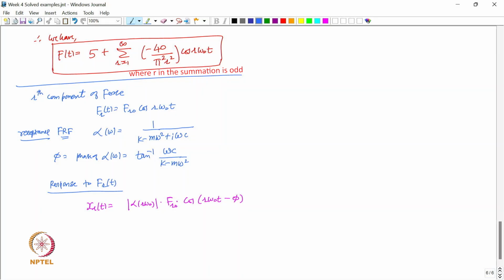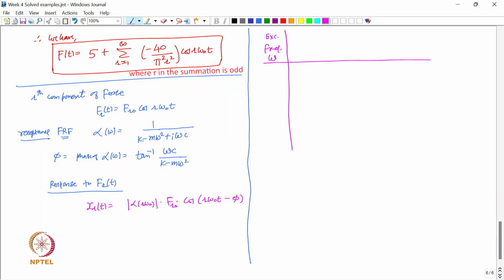So, therefore, now we can work out all these numbers for all the components, and let me write those results on the right hand side. I am going to write the excitation frequency omega. The first is 0, that is the DC component, and then you have r omega naught.